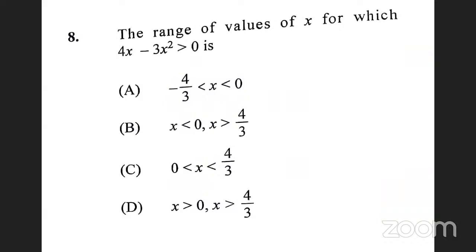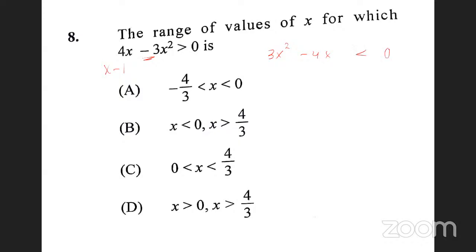If you remember what to do here, what you normally do is get rid of the minus sign, because the quadratic is at a maximum. So you multiply everything by a minus sign, and you'll end up with 3x squared minus 4x. What happens to the inequality sign?